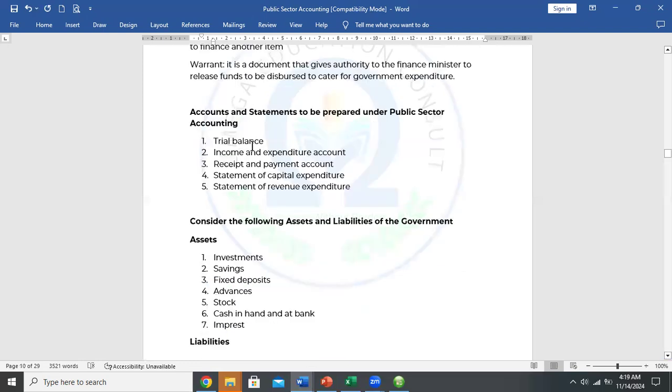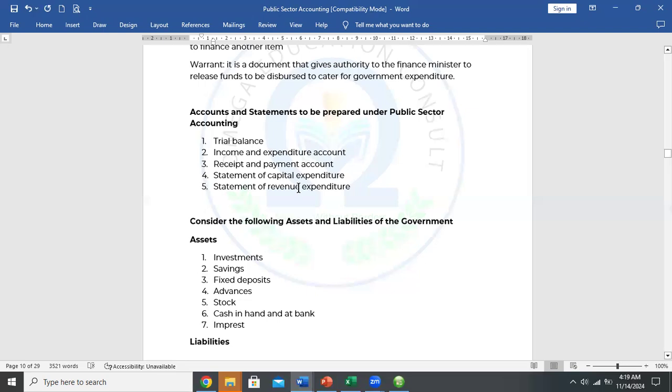Professor, you want to say something? Well, if you don't like the idea of me skipping, please tell me so that I go back. But I know when you read some of the things, you'll be okay. Okay, so you can be asked to prepare a trial balance, an income and expenditure account, a receipt and payment account, statement of capital expenditure, and statement of revenue expenditure.